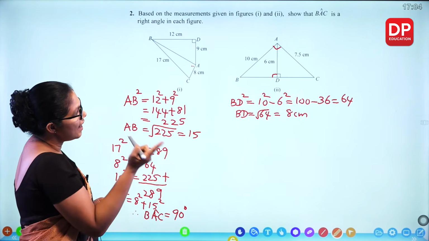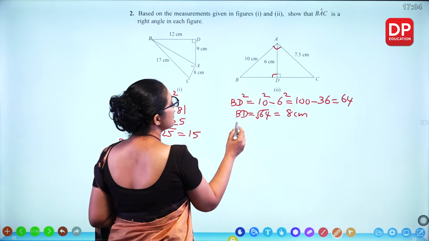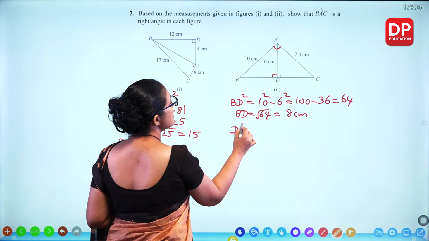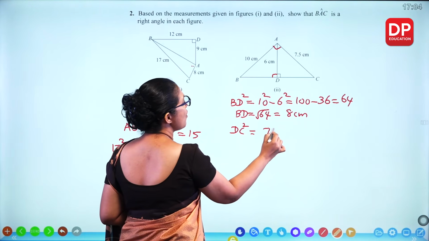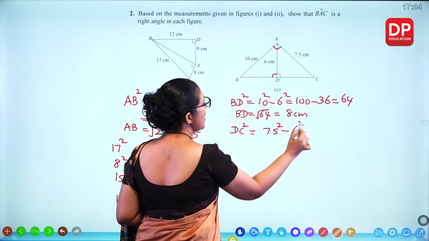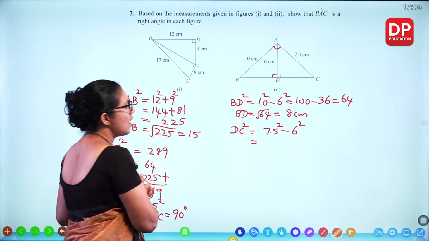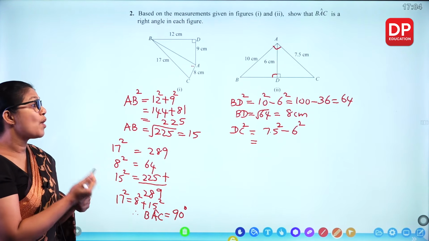When you look at the other triangle, what is DC? DC squared is 7.5 squared minus 6 squared. How do you find 7.5 times 7.5 at once?